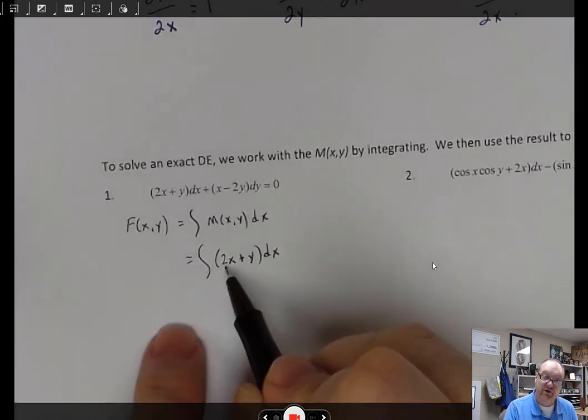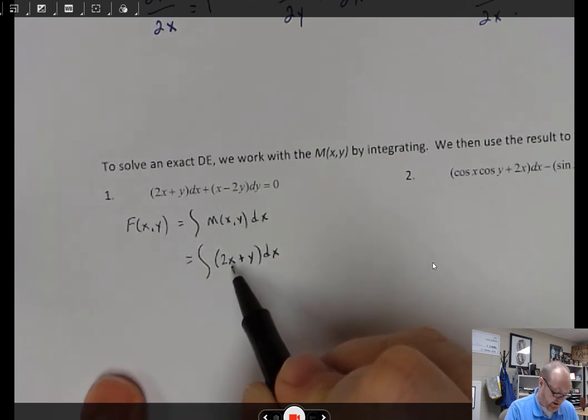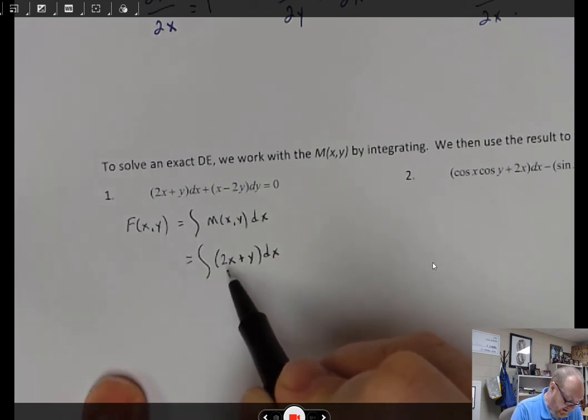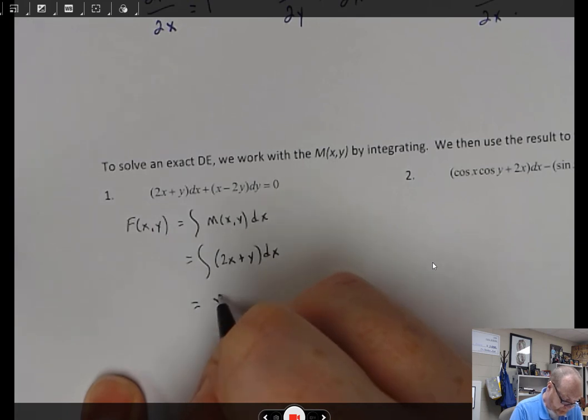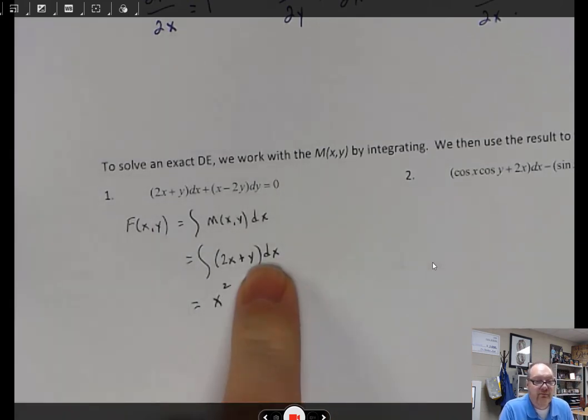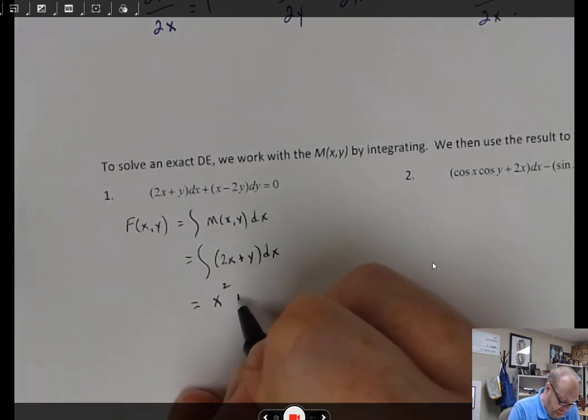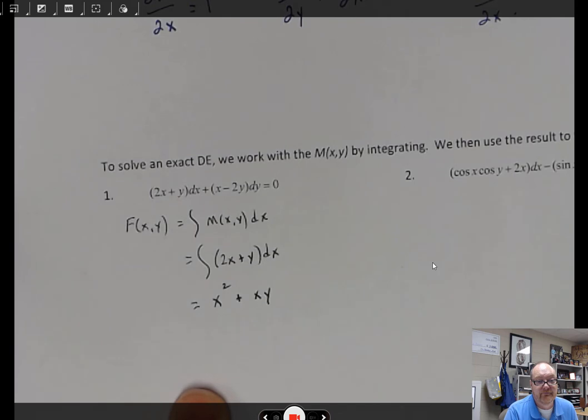If I'm integrating with respect to x, then 2x integrates into x squared. Y, remember, I'm pretending it's a constant, so a constant integrated with respect to x is just x times that constant.